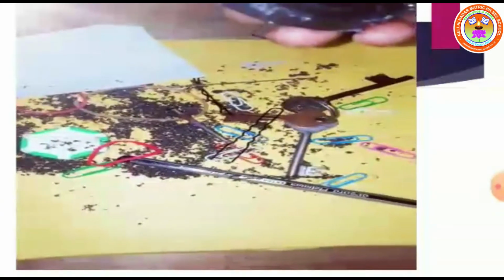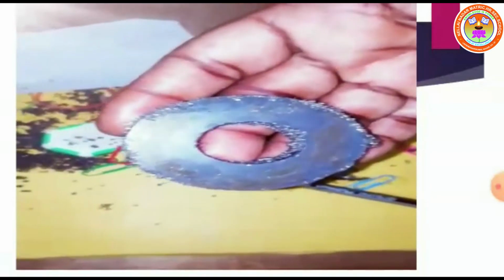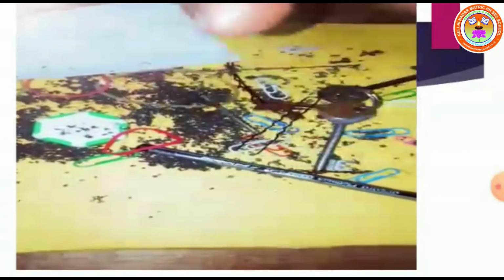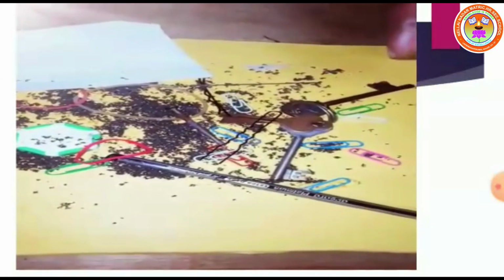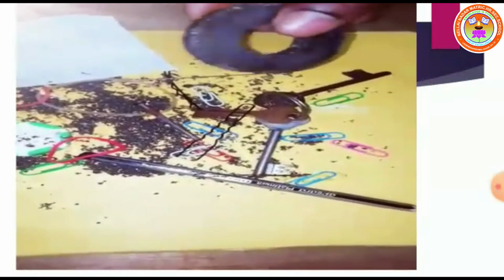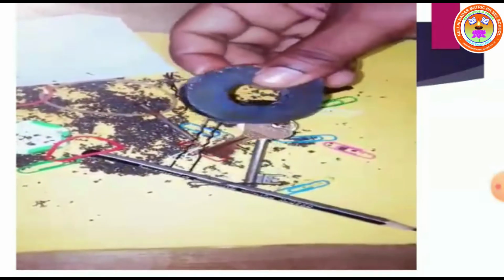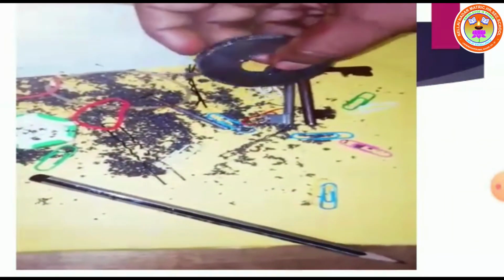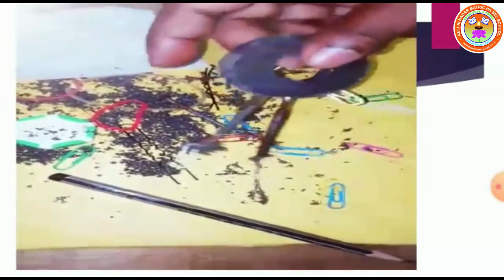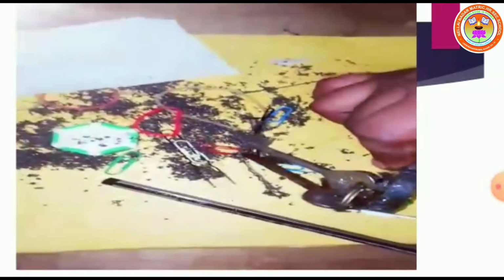Activity 1. Take a magnet. Take the magnet closer to the objects around you. What happens? The objects are attracted by the magnet. Few substances are attracted by the magnet.